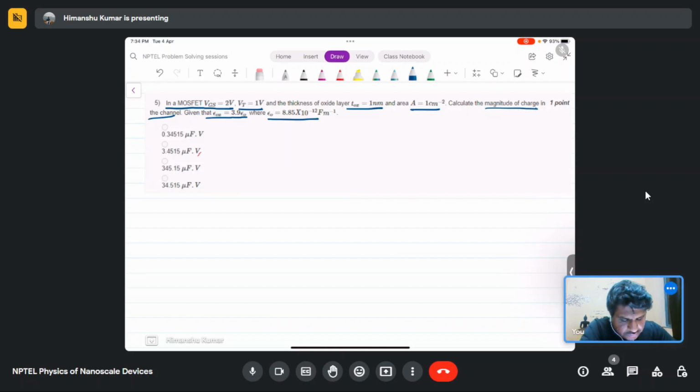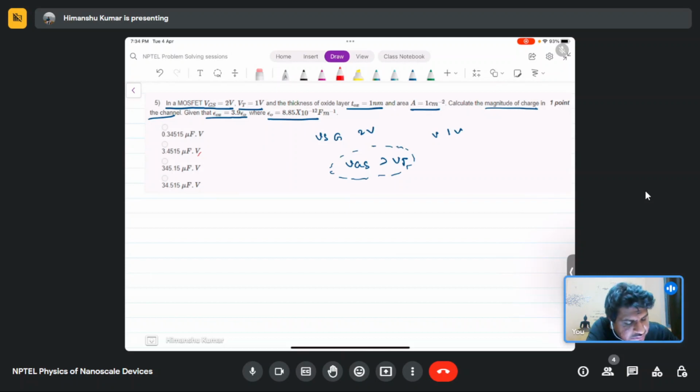So let's see in which region this is. VGS is 2 volts and VT is 1 volt. As we can see, VGS is greater than VT, so inversion will be formed.